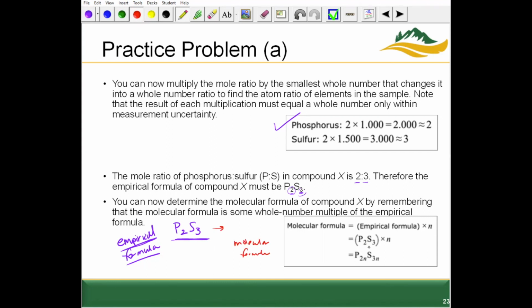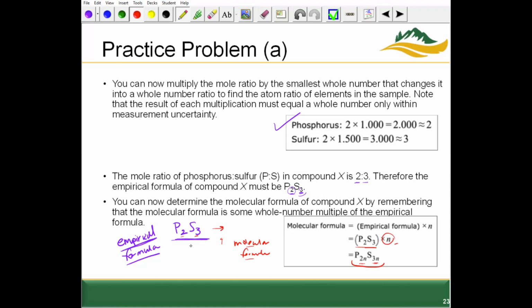So P2S3 multiplied by some whole number n, we need to figure that out now, is going to give us our more complicated molecular formula, right? So a molecular formula doesn't have to be the simplest whole number ratio here. Those subscripts could be something greater than 2 and 3, because a molecular formula, again, doesn't have these simplest whole number ratios.